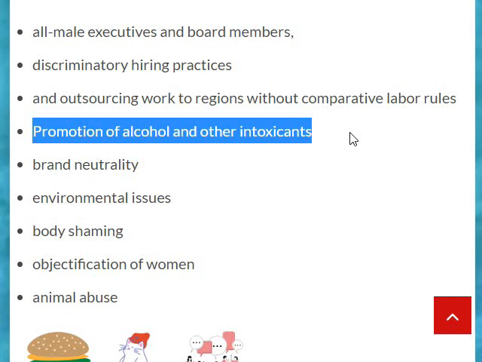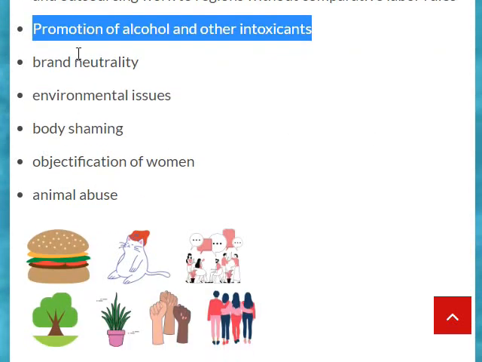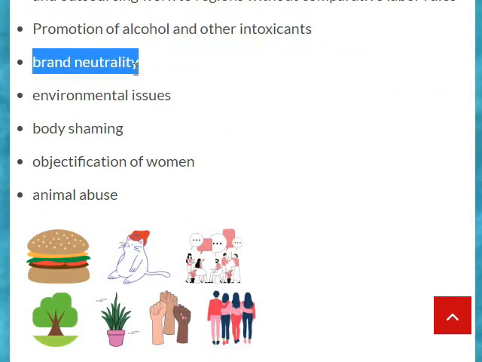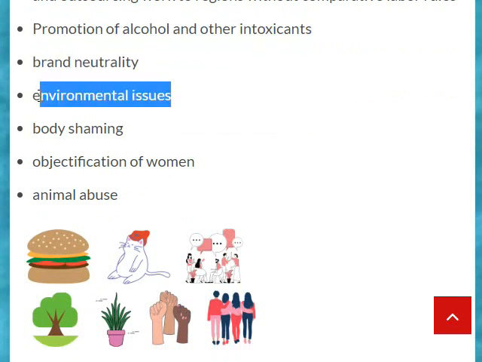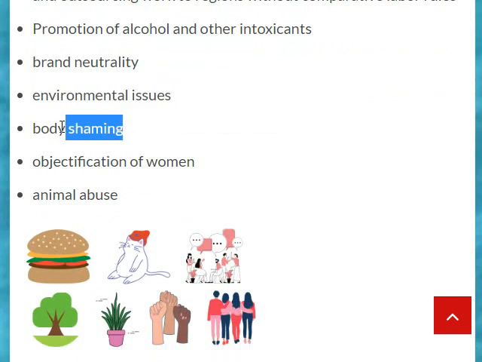So teenagers or children are more inclined to use these things, which is not a very good practice. And then brand neutrality, then environmental issues is one important thing.